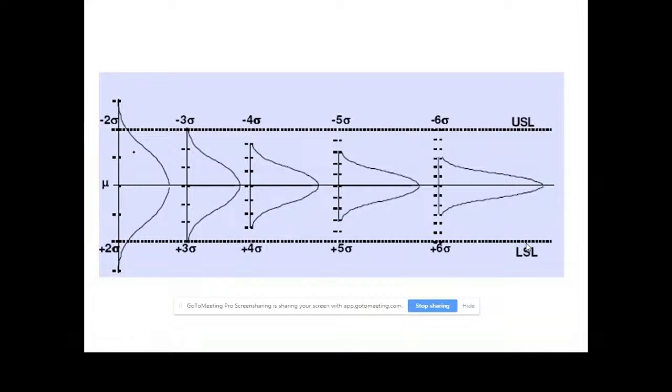Now you understand what the upper specification limit and lower specification limit are? Upper specification limit is if you go beyond this, there would be a defect. Lower specification limit is if you go below this, there's a defect. Sigma level is always calculated based on the upper and lower limits with respect to the target. And the middle line that we see here is the line for the mean.